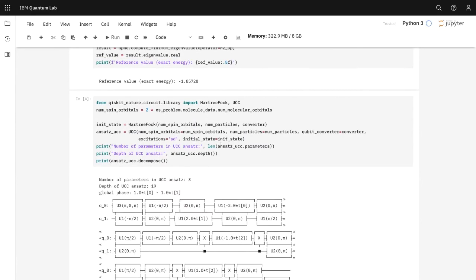So it prints the number of parameters that it generates, the depth of the circuit, and the actual circuit.